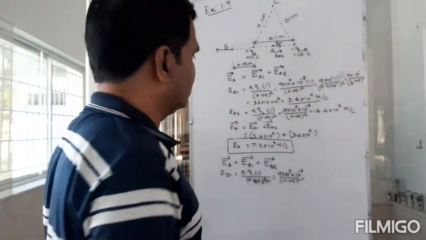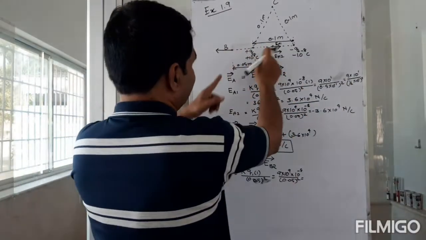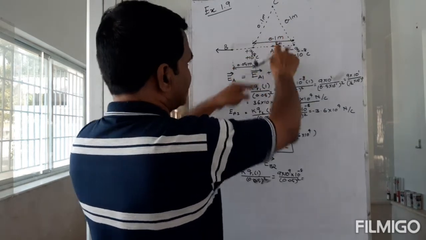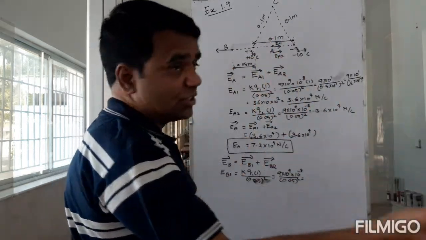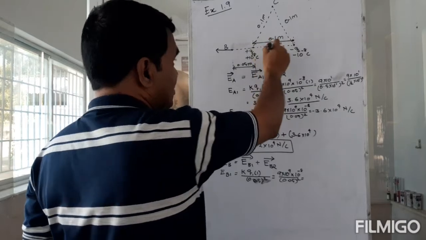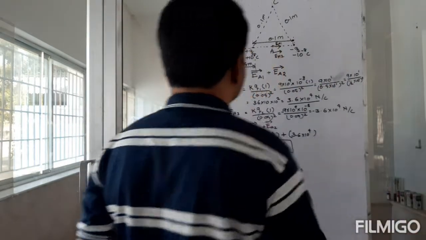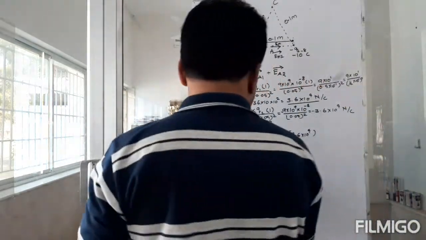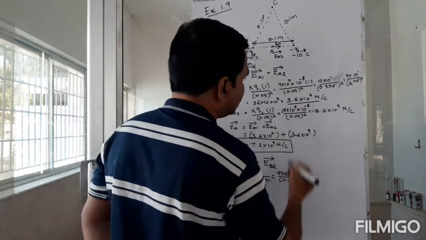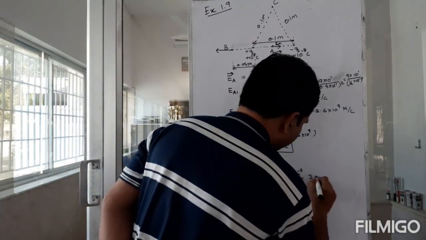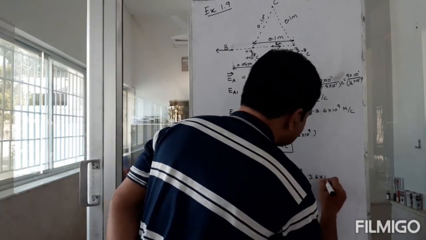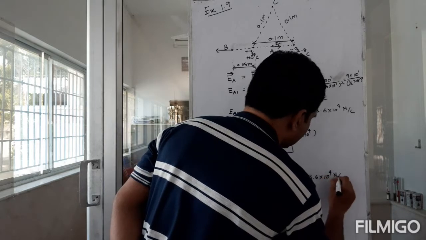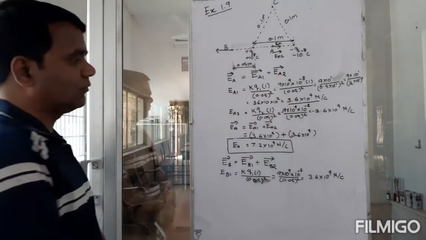There's no change in it, same distance, but now the direction has changed. When the unit positive charge was here, this charge was pushing it in that direction, but now when you bring it here, the same charge is pushing it in this direction. When the direction has changed, the magnitude remains the same. So that gives you 3.6 into 10 power 4 Newton per Coulomb.